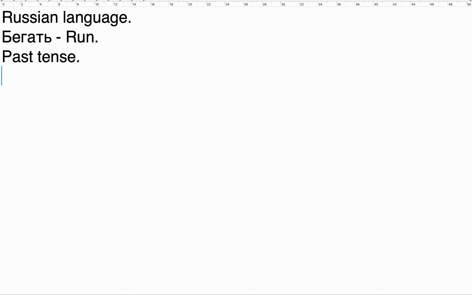In the past tense, we use only this version of the verb, like я бегал. I did it in the past. Я бегал. For example, I ran.